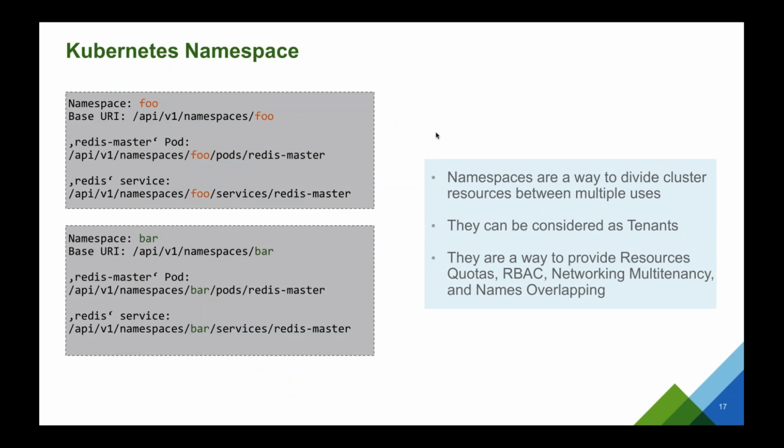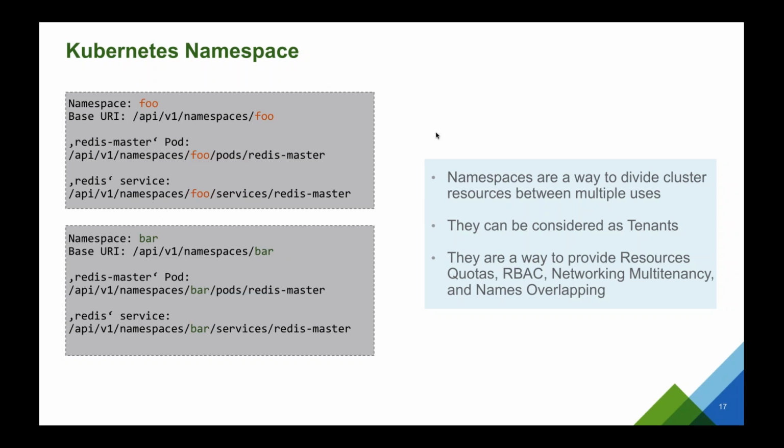Okay, so this is one of the last slides on base concepts in Kubernetes, which is the namespace. I'm not sure if Michael talked about it. In Kubernetes, the namespace is both a name uniqueness construct as well as a tenancy construct. So it started as name uniqueness.